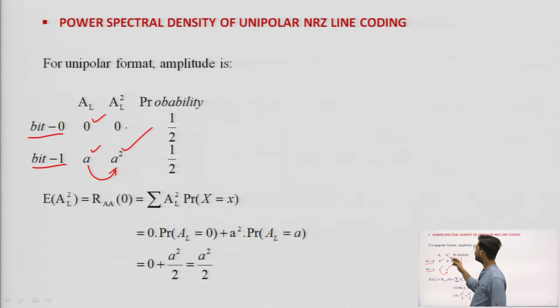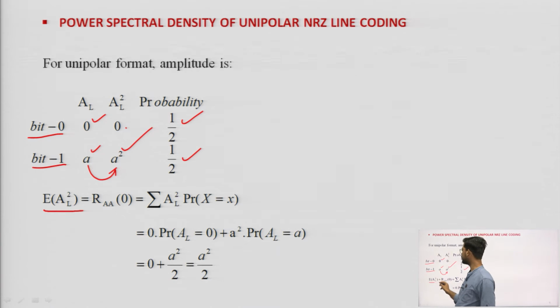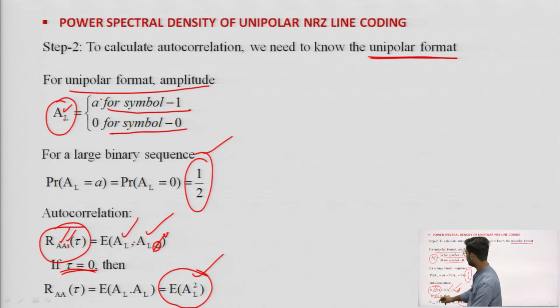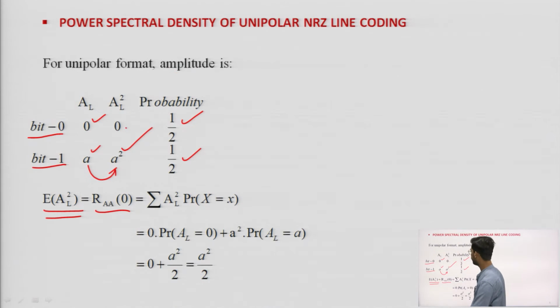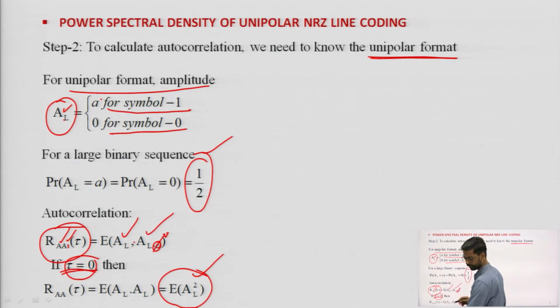So what is the probability of getting bit 0? Half, and for bit 1 it is also half. Now I will calculate the expectation of A_L square using this. The expectation of A_L square is nothing but R_A of 0, because I have taken tau equal to 0. So the autocorrelation at 0 equals the summation of A_L square multiplied by the probability of x equal to x.